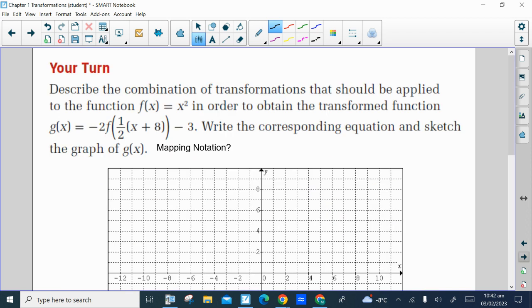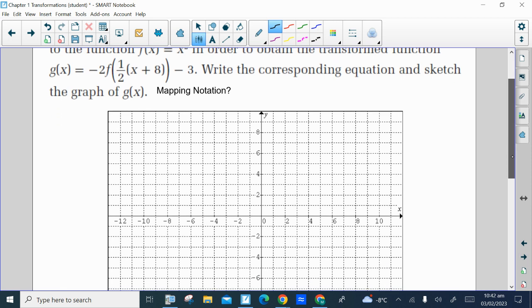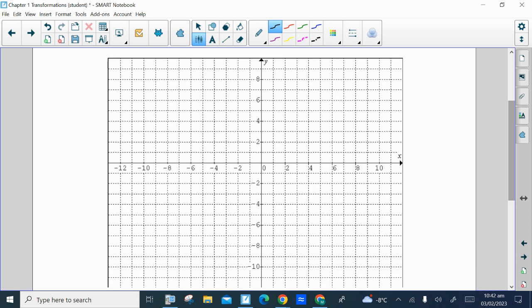So once again, we'll start with x squared and do this transformation. So there's our original graph for y equals x squared.